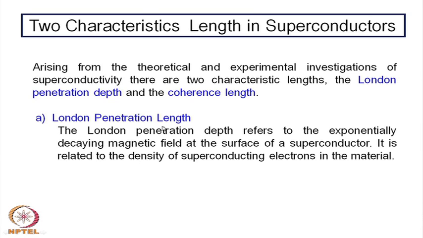The London penetration depth refers to the exponential decaying of the magnetic field at the surface of a superconductor. It is related to the density of superconducting electrons in the material.